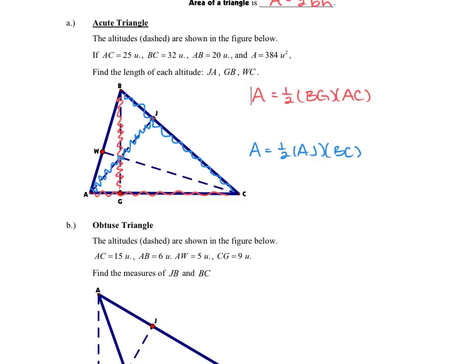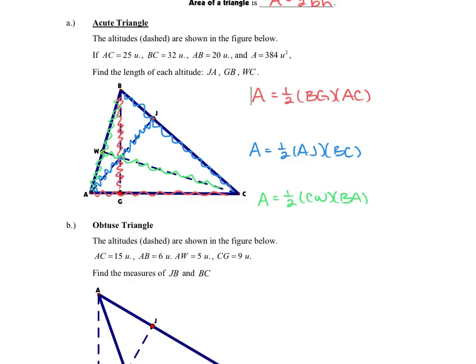And then my last one, I'm going to look at this altitude right here, and I'm going to look at its base. And I can write that one as well. So the area there would be 1/2. Its altitude is CW, and its base is BA.